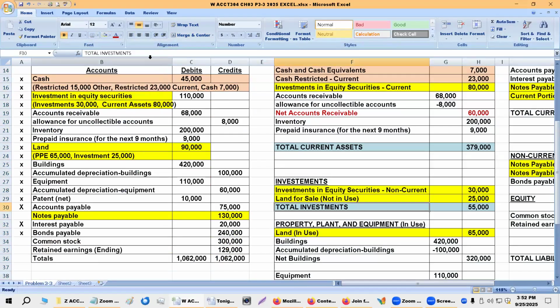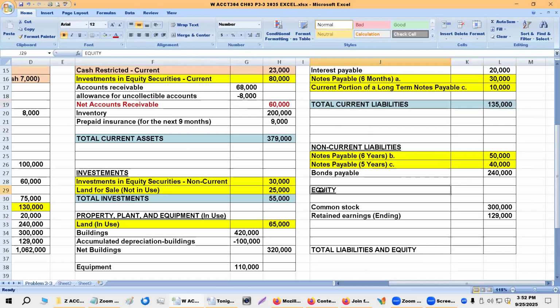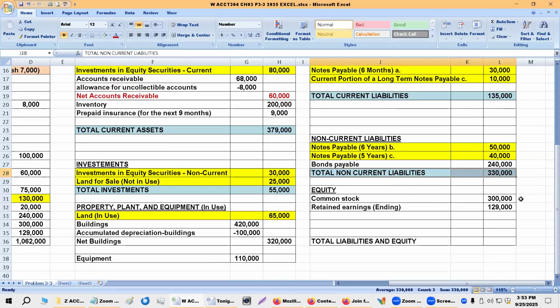Total non-current liabilities. I think, I mean, we're close to right. Maybe.